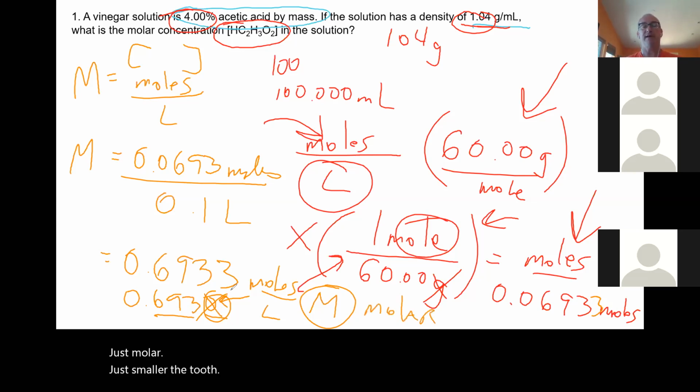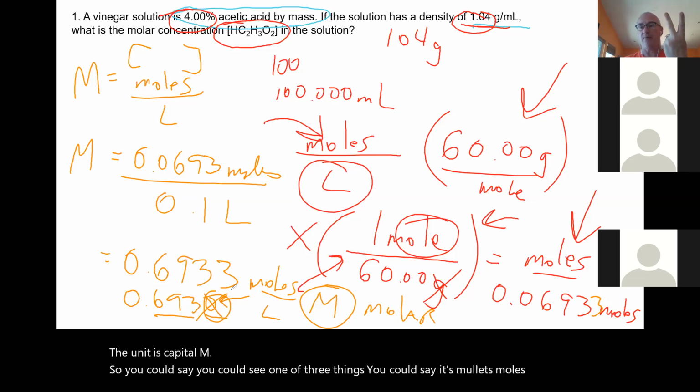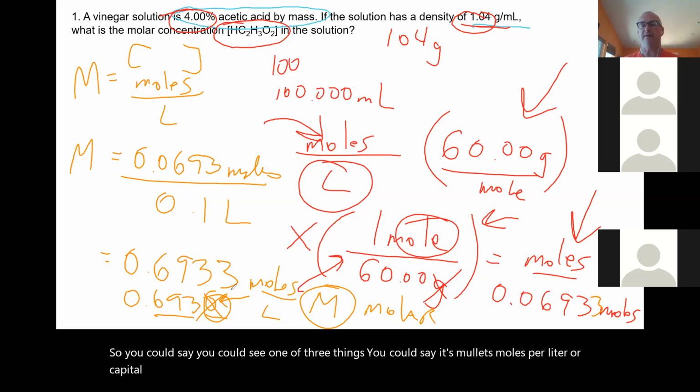So we say the concentration of acetic acid in vinegar is 0.693 molar, and molar means moles per liter. The unit is capital M. So you could say moles per liter, or capital M, or molar. All 3 of them are equivalent. It doesn't matter, you could pick and choose.